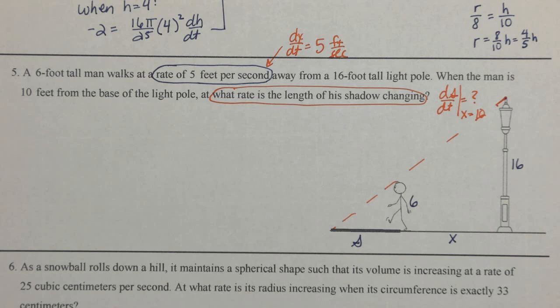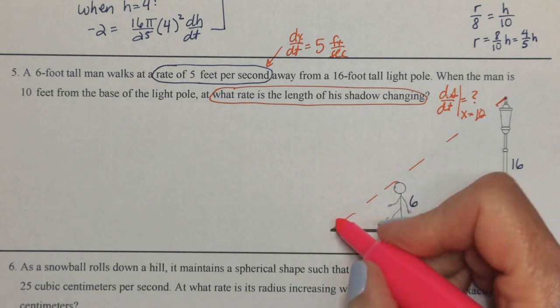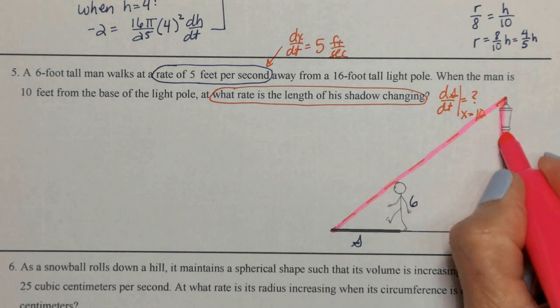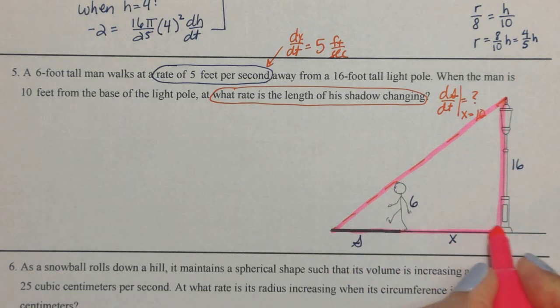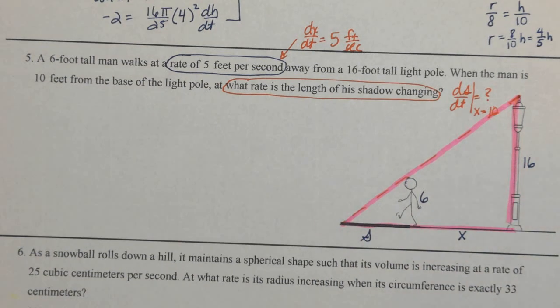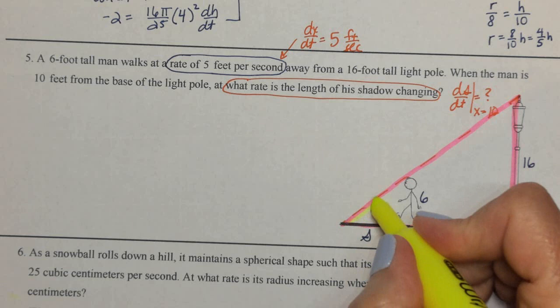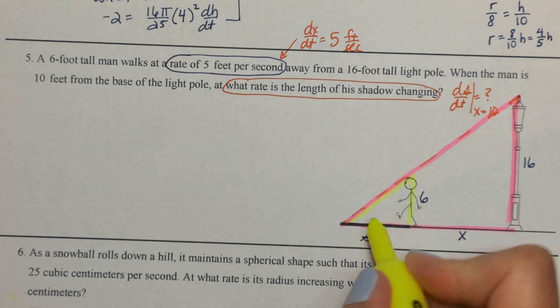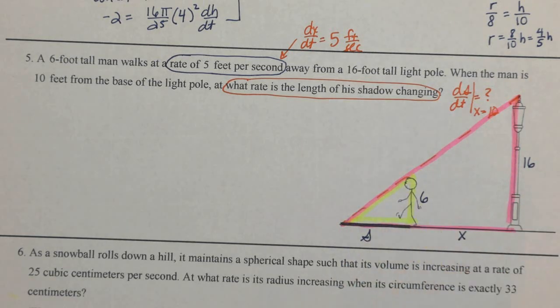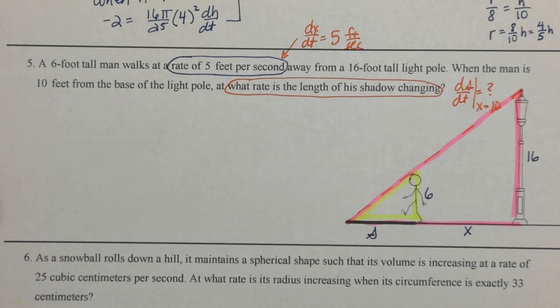Again, we have similar figures, similar triangles. That triangle and that triangle are similar. I could use side angle side or whatever to show that they are similar. So we can set up proportions.